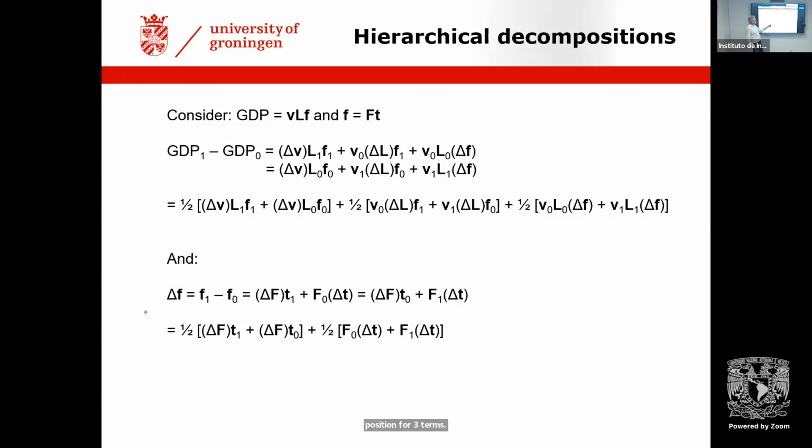And here you have the decomposition for f, capital F times T. And the hierarchy is now to plug this expression in here and here. You see, that is the hierarchy.